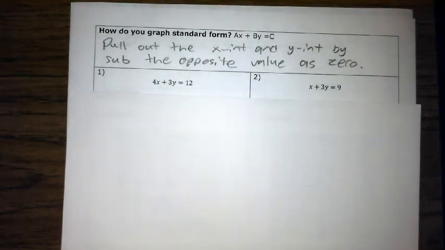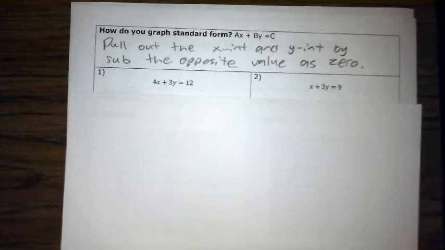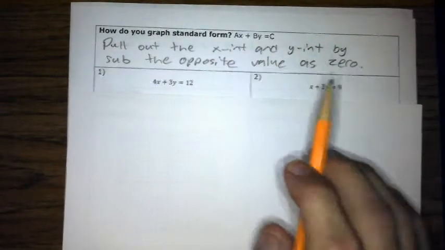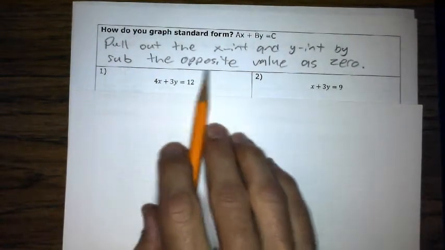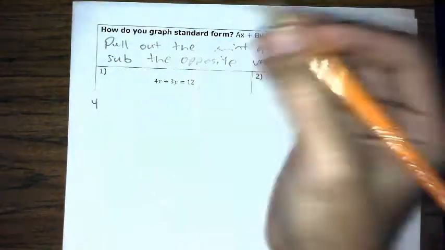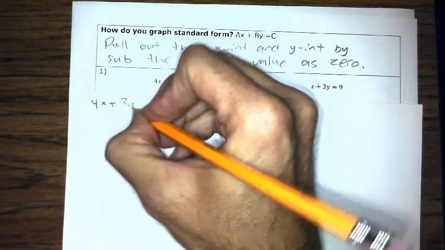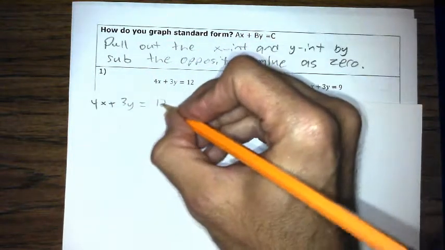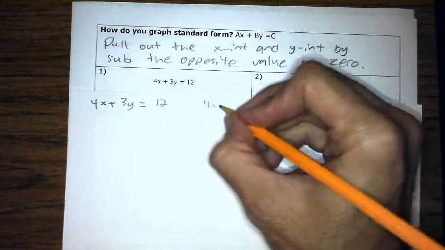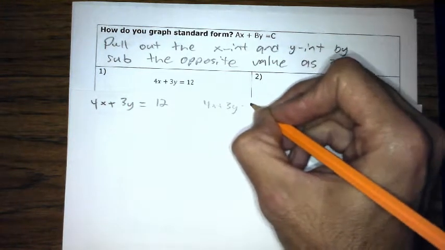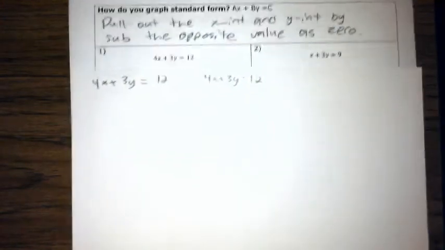So, you almost have to work this problem 2 times, right? You see, you need to substitute the opposite value as 0. Okay, so I'm going to write this guy down here. 4x plus 3y equals 12. And 4x plus 3y equals 12. Okay? So you see I wrote it down twice.